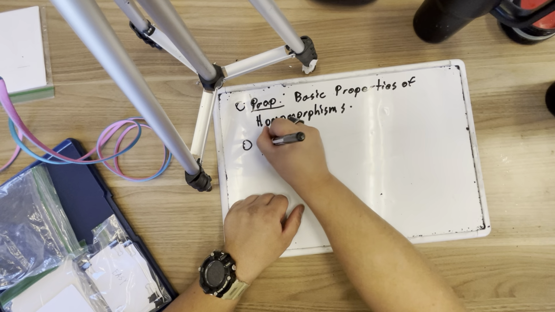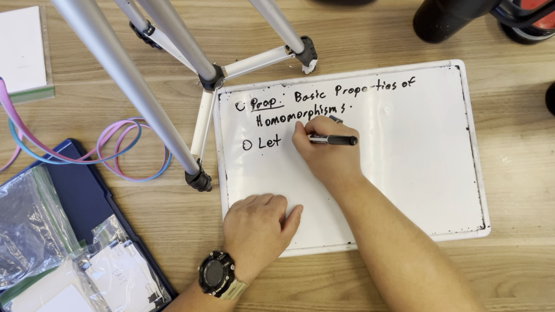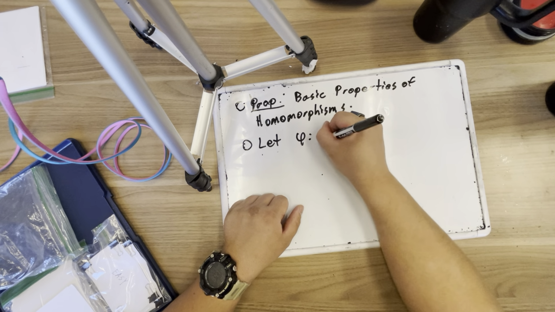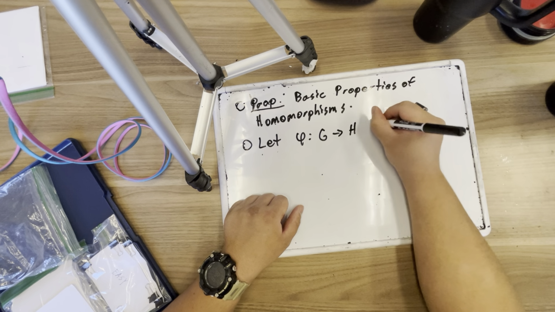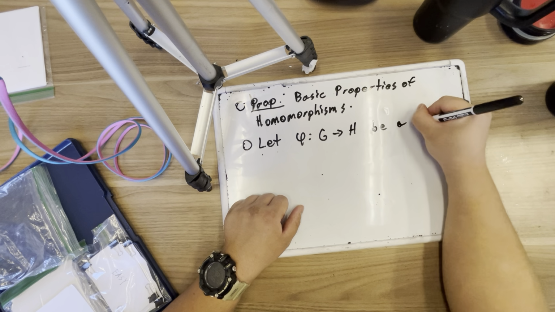Let phi be a map from G to H, a homomorphism.